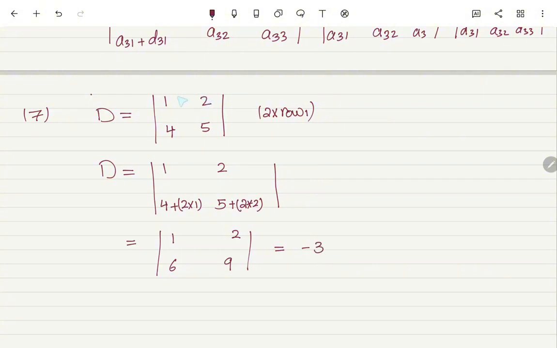And if we find the value for the original determinant here, it's 5 times 1, it's 5, minus 8, it's minus 3 as well. So the value of the determinant does not change if we add a multiple of a row to another row or column.